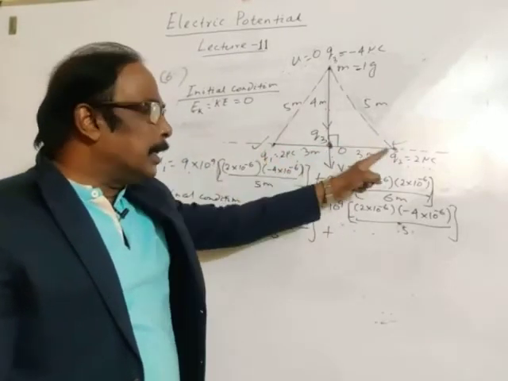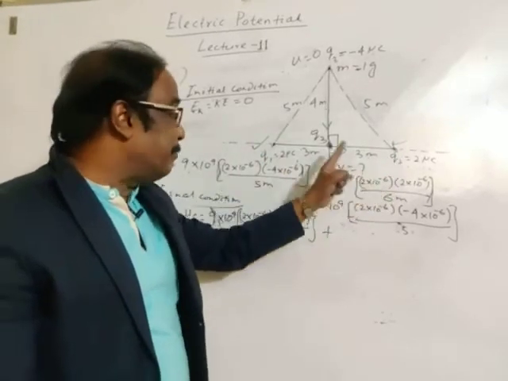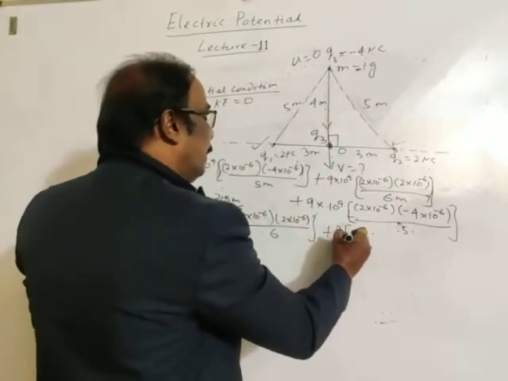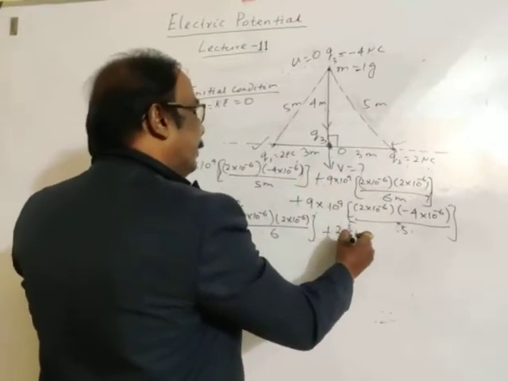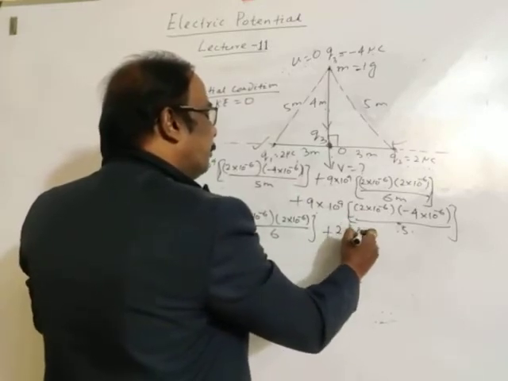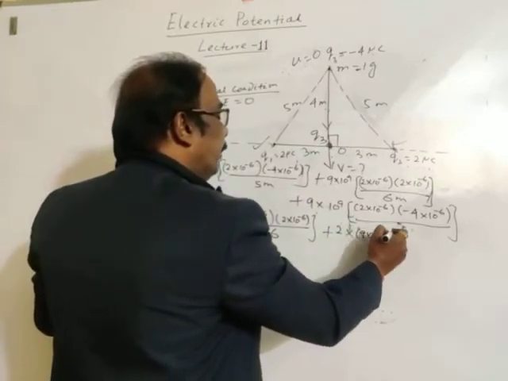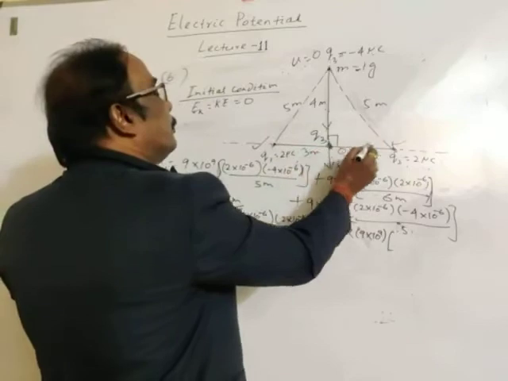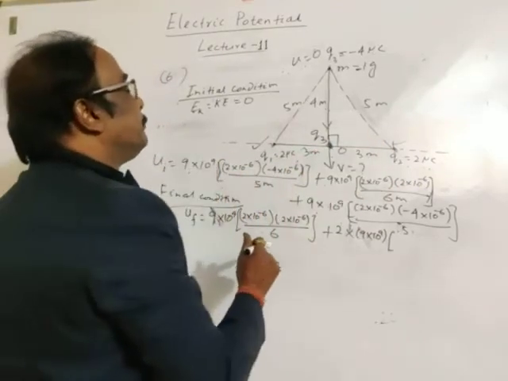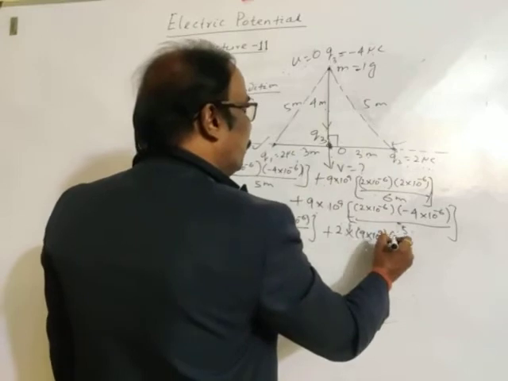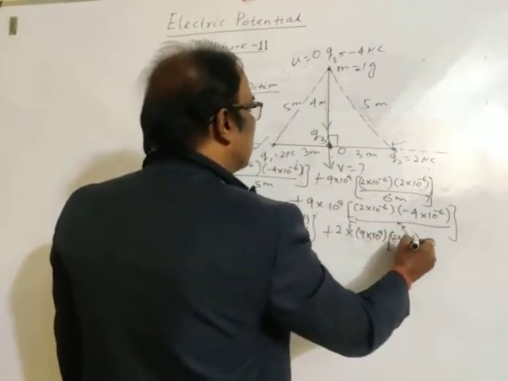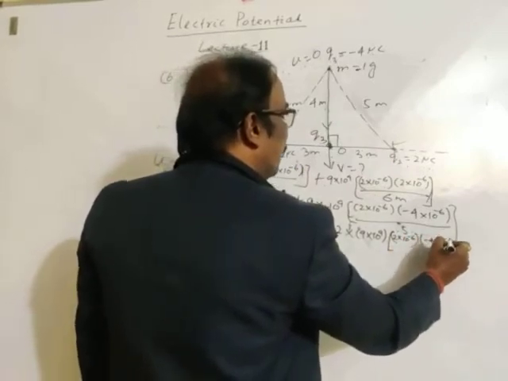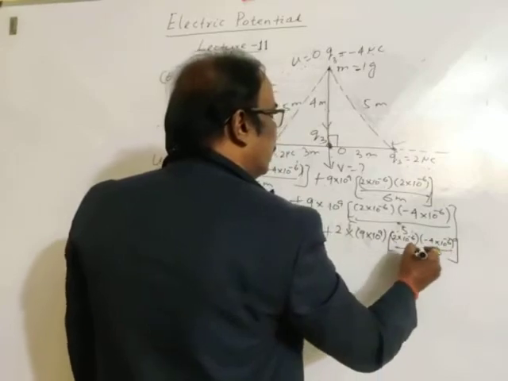But the magnitude of Q1 is equal to the magnitude of Q2, so we may write 2 into K, 9 into 10 to the power 9, into, between any two charges, Q1 Q3 or Q3 Q2, whatever we may take, Q1 is 2 microcoulomb, 2 into 10 to the power minus 6, Q3 is minus 4 microcoulomb, minus 4 into 10 to the power minus 6, divided by 3 meter.